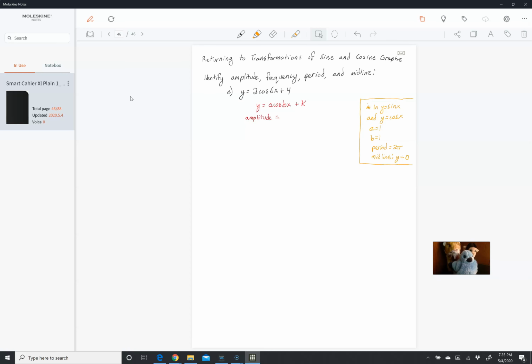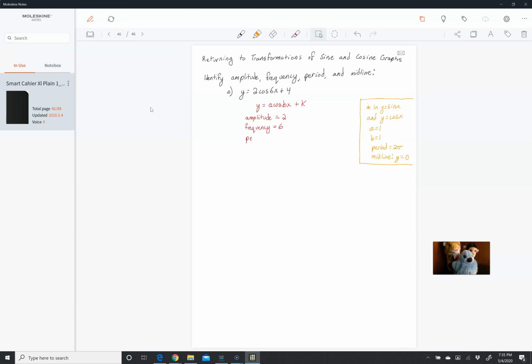Okay, so if we go back here, our amplitude is now 2. Our frequency, which is our b value, is equal to 6.